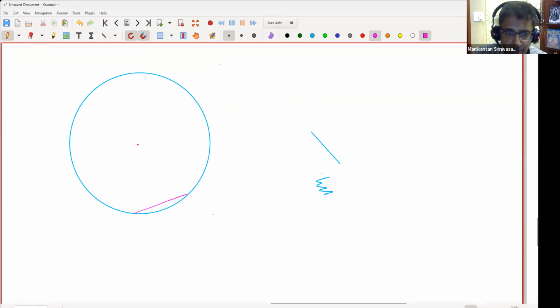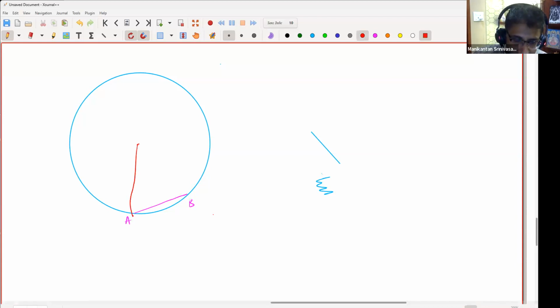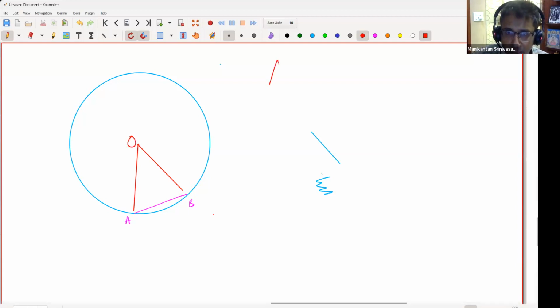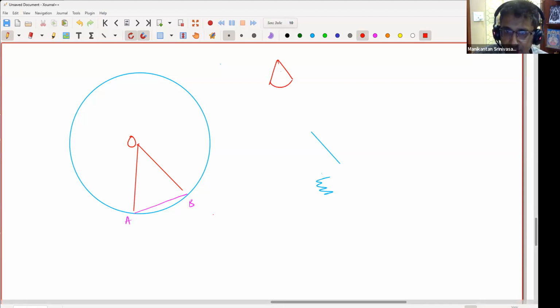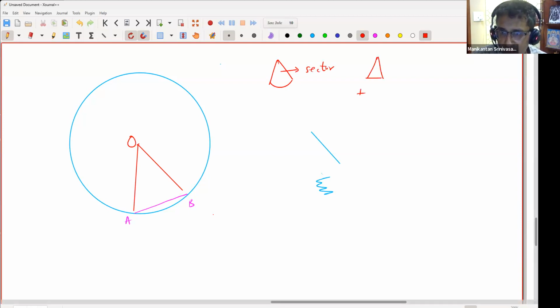So center, if I have any chord, so this is a chord, AB is a chord. And then if I connect this with the center, right? This portion is called a sector. A sector, right? Which is a combination of a triangle and this lower portion, which is called a segment.